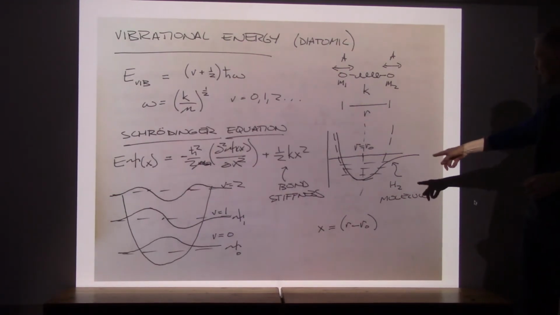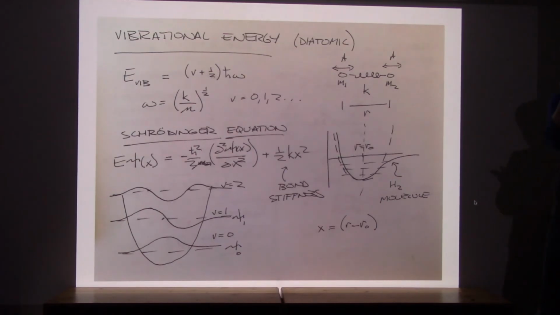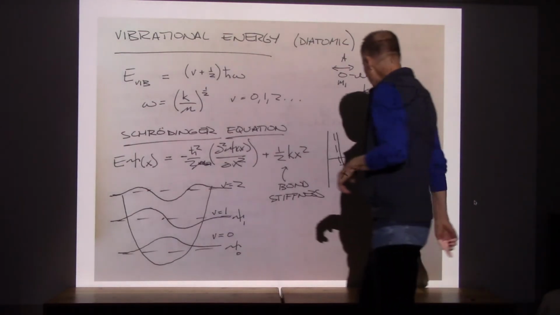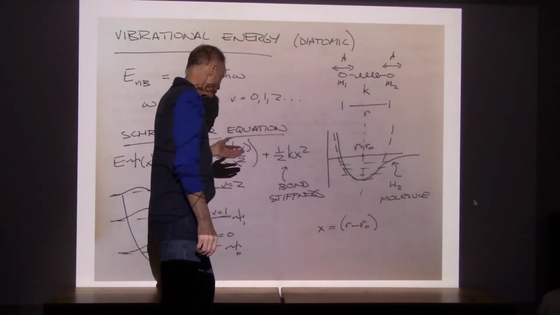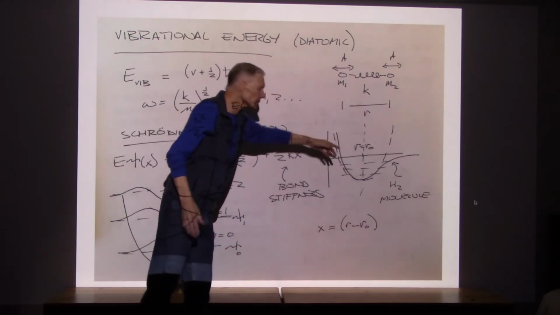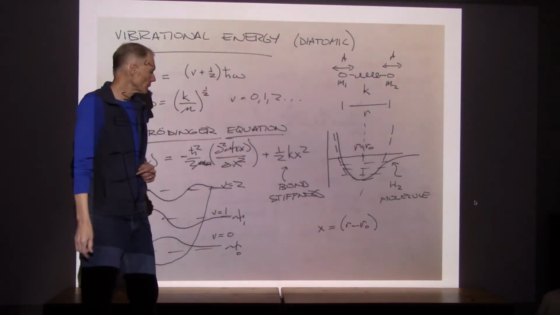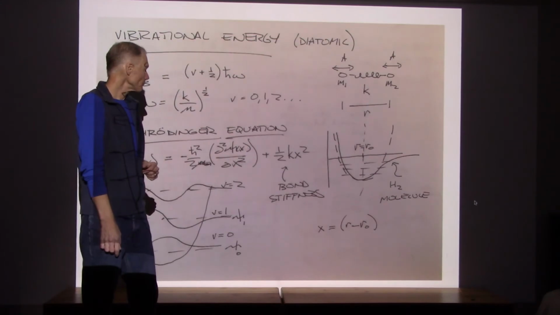So the same thing that we had defined for springs: if we had a spring and we stretched it out at some equilibrium position, then we would call that x equals 0, and then we would start doing measurements from that. Same thing here, x is keeping track of departures away from the equilibrium distance between the nuclei.